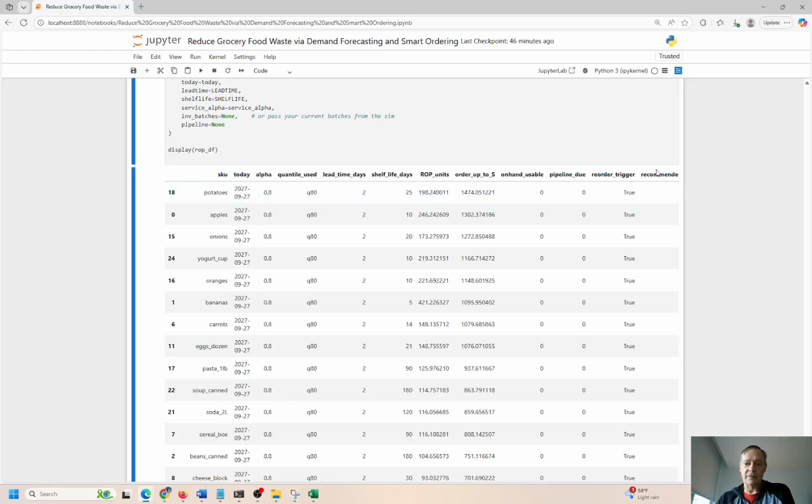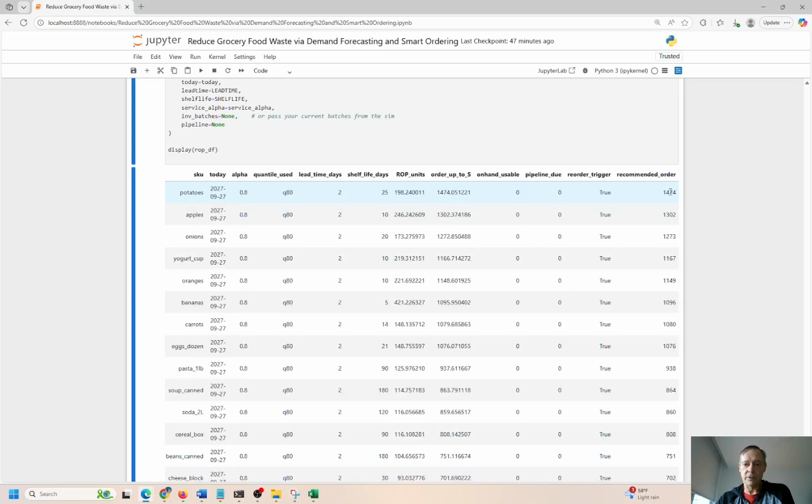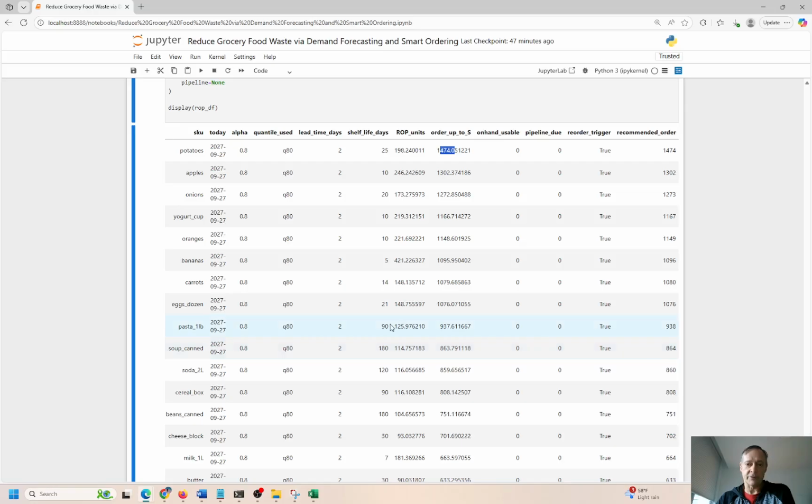And let's see, recommended order is basically this over here, just without the decimal place precision, okay? That's all it is. Because you can't actually order 1,474.051221 potatoes, nobody's going to handle that transaction. You're going to order 1,474 potatoes. And in all honesty, maybe you have to round that up or round that down.